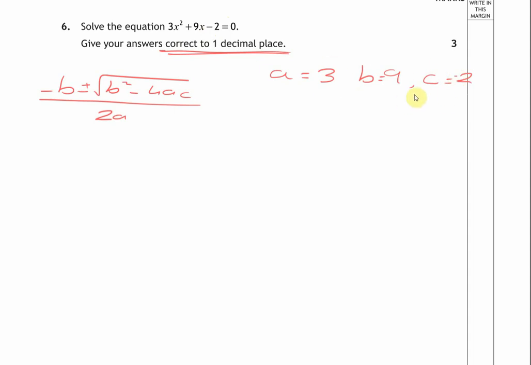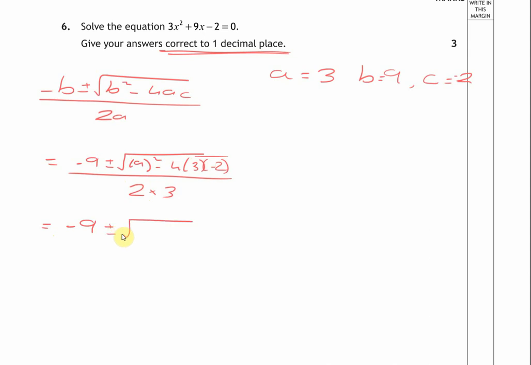Now when we deduce these values, we simply pop them into the formula. So we get minus b, so that's minus 9, plus or minus the square root of 9 squared minus 4 times 3 times minus 2, and that's all divided by 2 times 3. So we have minus 9 plus or minus the square root of 9 squared, which is 81.